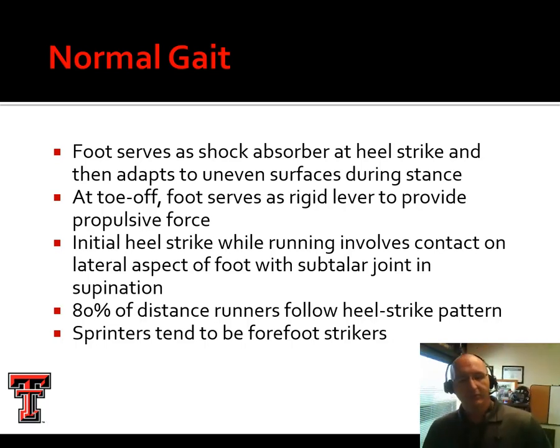And so the sprinter tends to run on their toes as opposed to striking at the heel, because striking at the heel actually introduces a braking force to a certain extent. And that's the difference between winning and losing. So a sprinter tends to be out over their toes a little bit more, and all of their propulsive force is directed back, away from them, so that it is not providing a braking force, but rather a propulsive force.